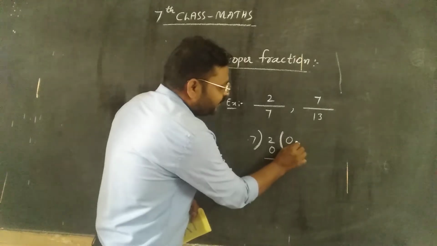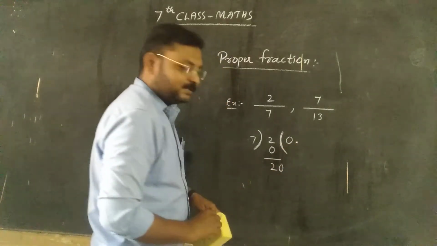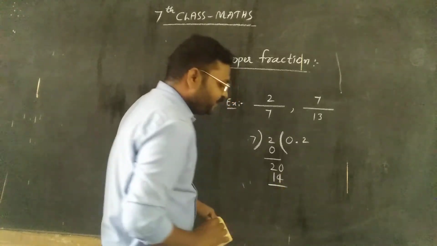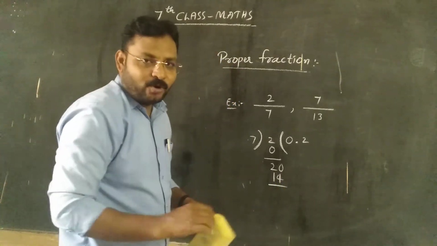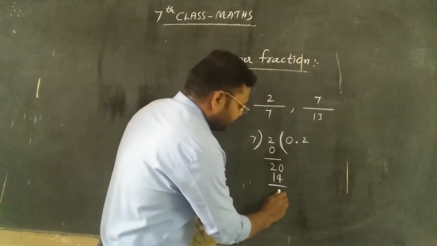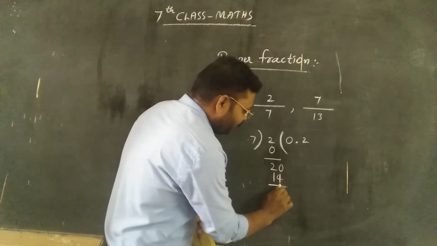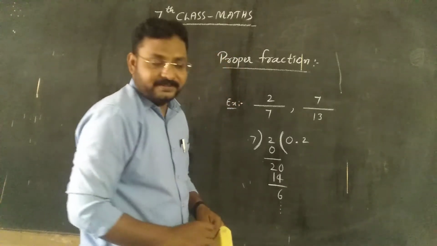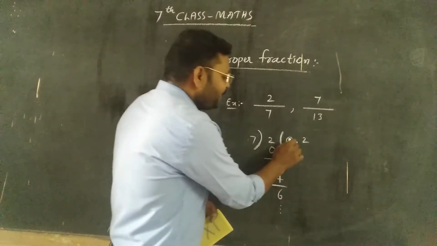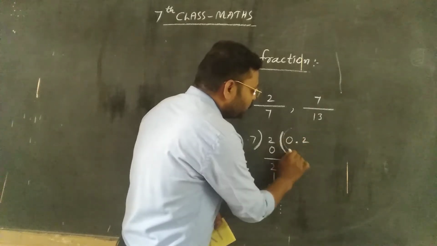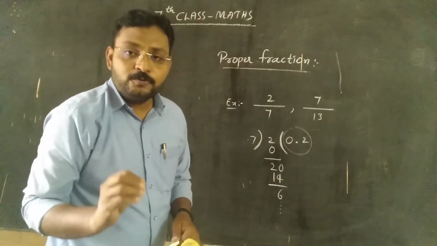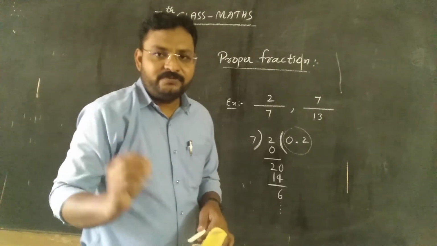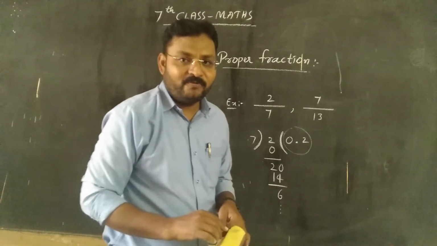So keep a point here, bring down 0. Now 7 2s are 14. Remainder is 6. So this division goes on forever. But this value is equal to 0.2. 0.2 means it is smaller than 1. Just we are comparing with the number 1.